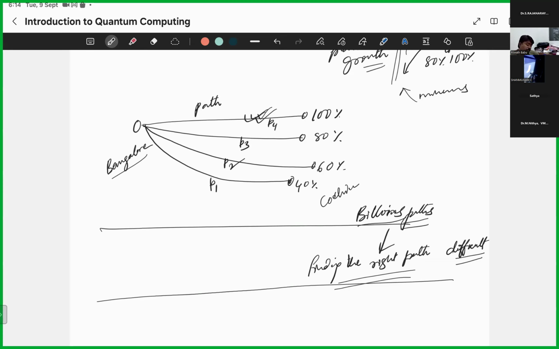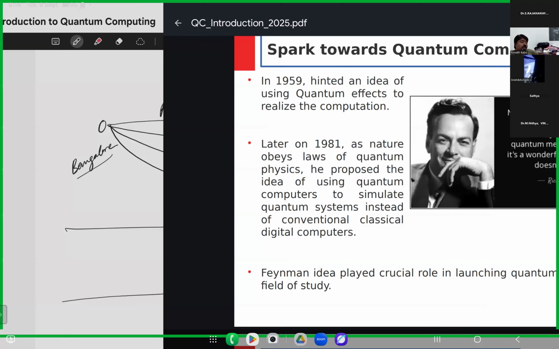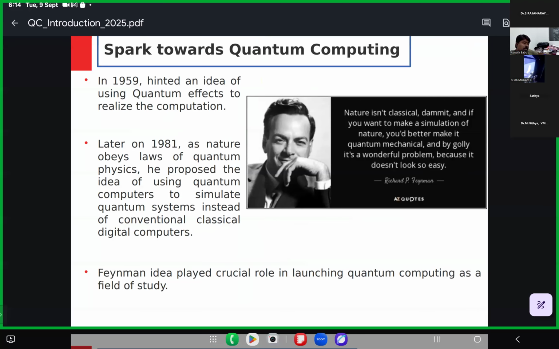So that is when this person said, you better design a quantum computer which could take the quantum nature into consideration and predict how these chemical processes take place in quantum systems, like trees, at a quantum level.